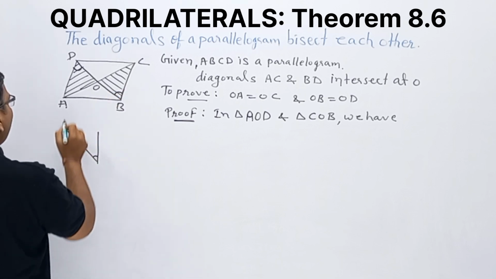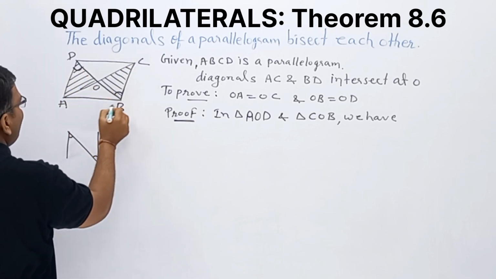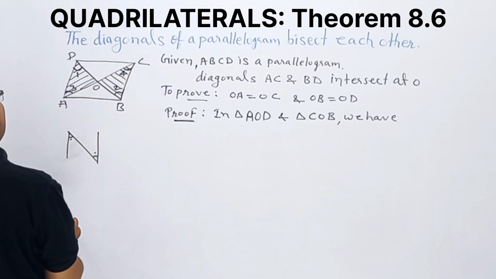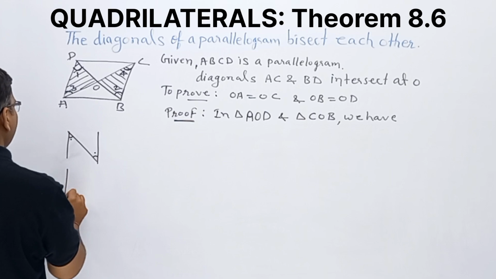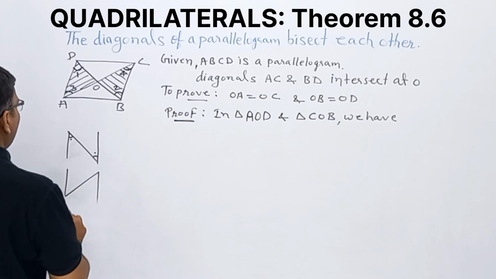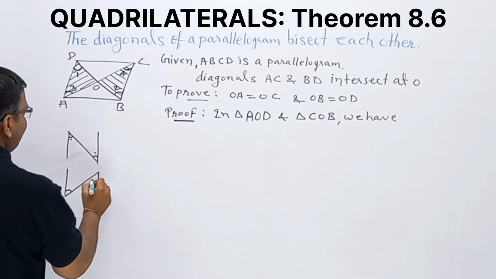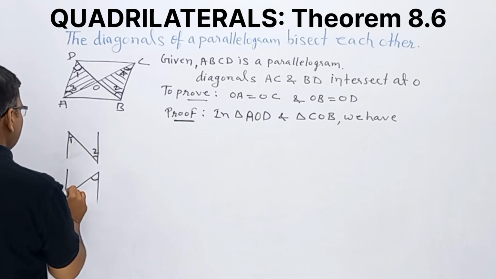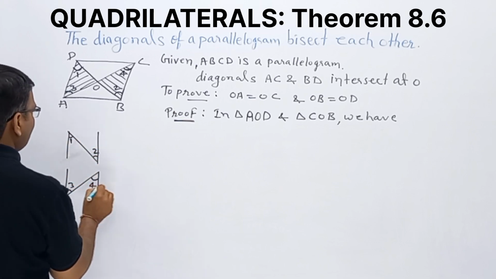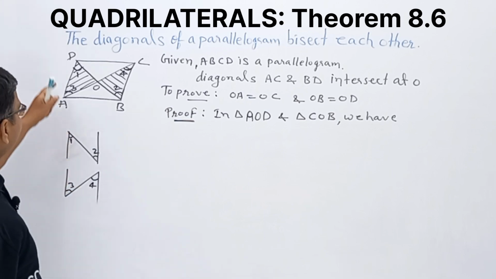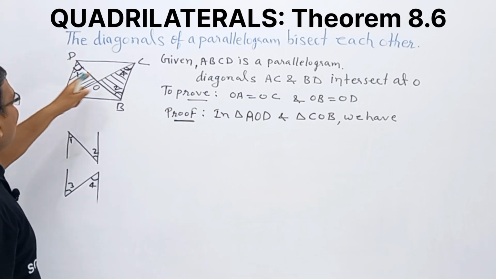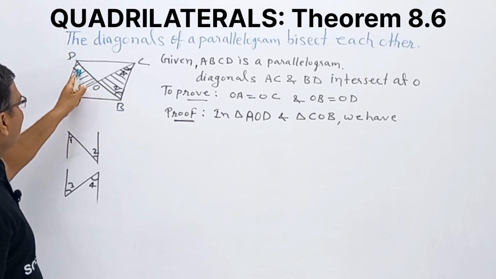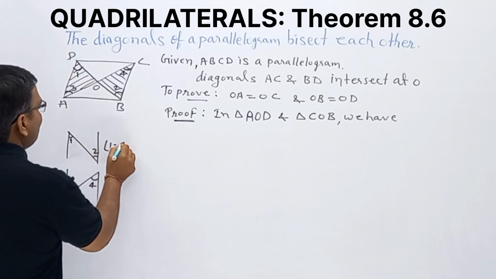AD and BC are parallel and AC is a transversal. This is angle 1, this is angle 2, this is angle 3 and this is angle 4. AD and BC are parallel lines and BD is a transversal, then angle 1 equals angle 2.